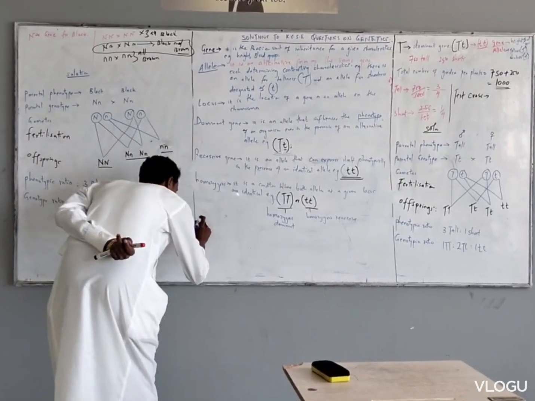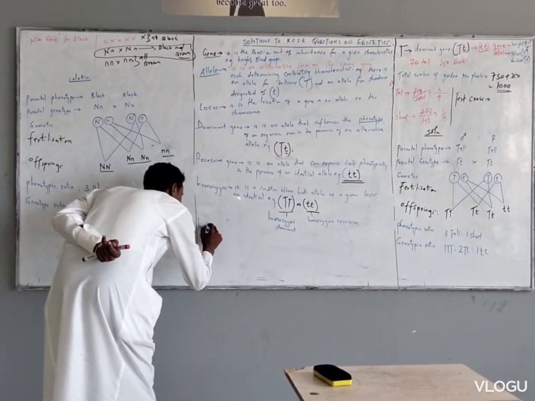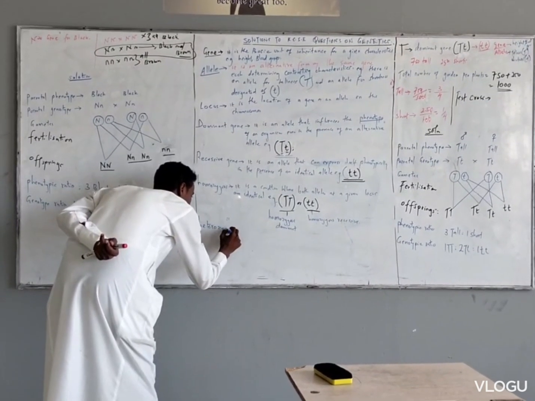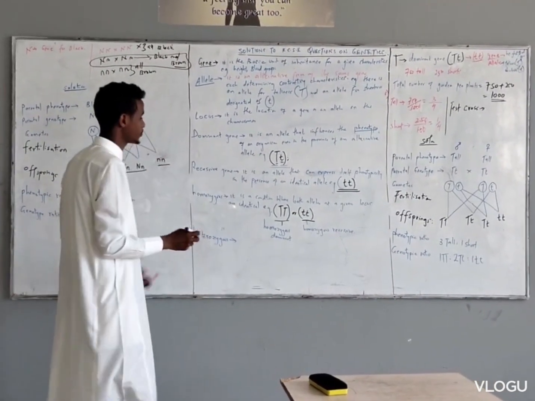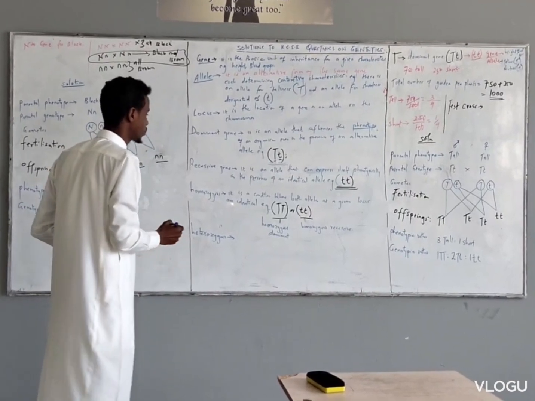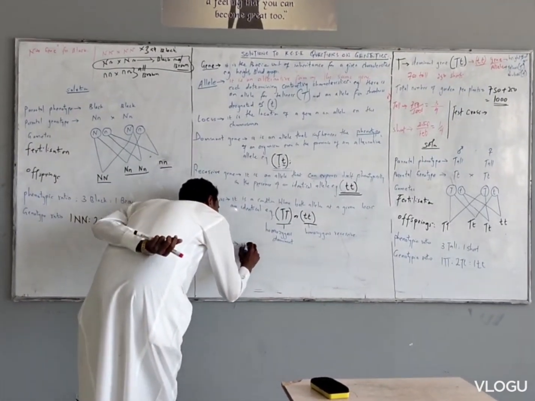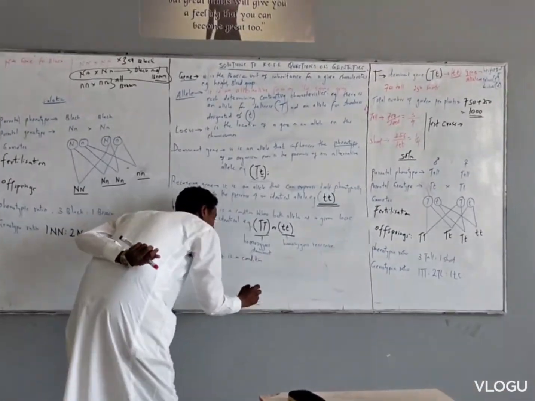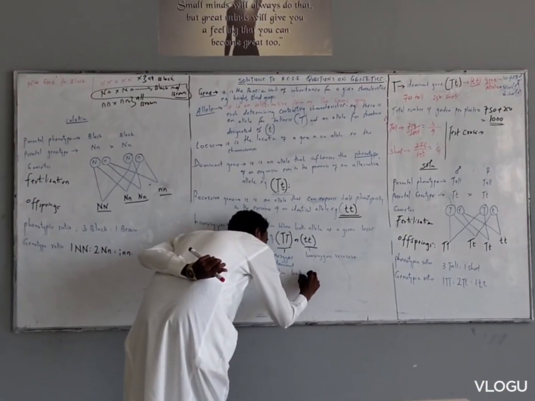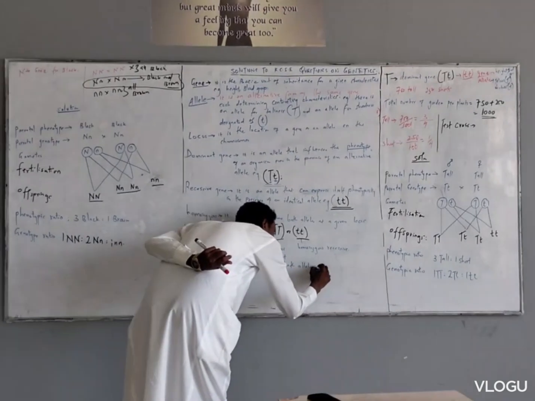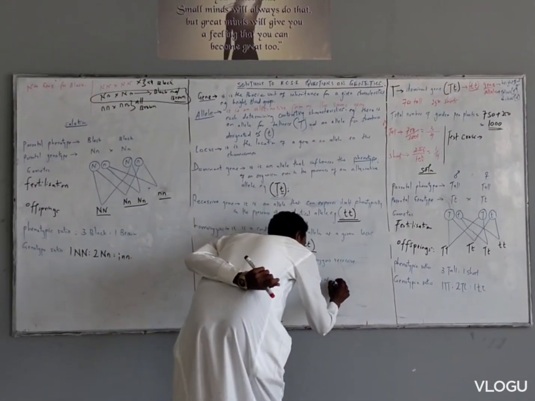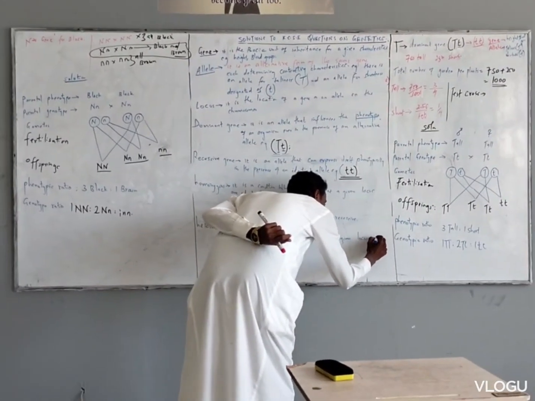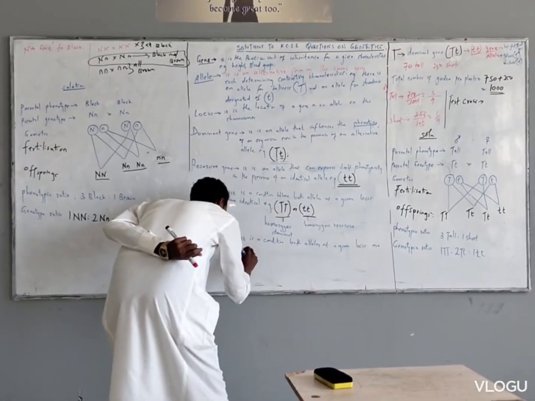Next we have the heterozygous. Heterozygous is a condition where both alleles at a given locus are not identical.